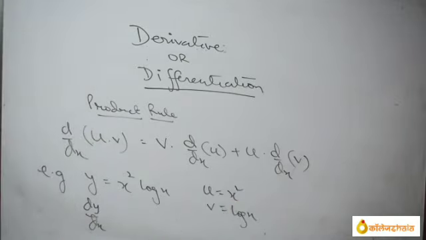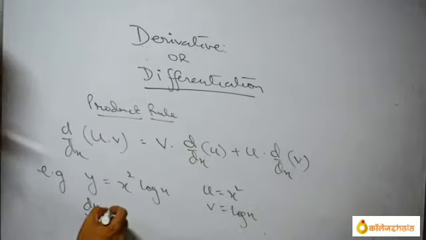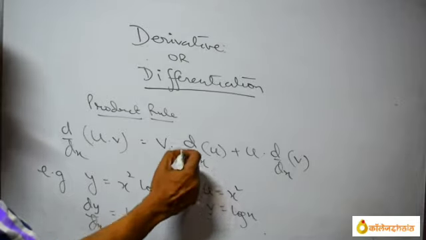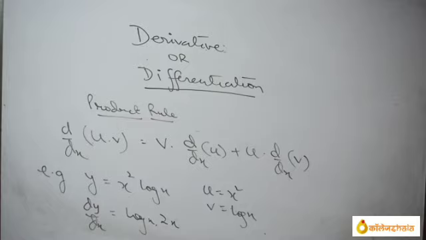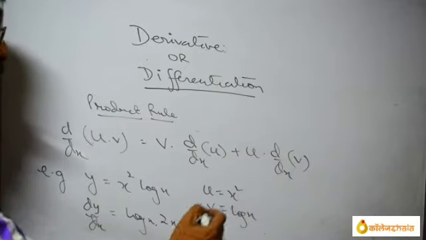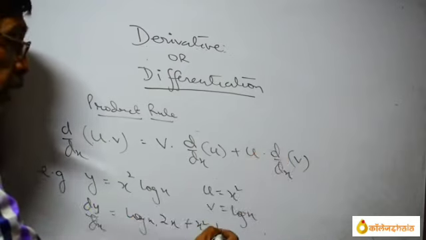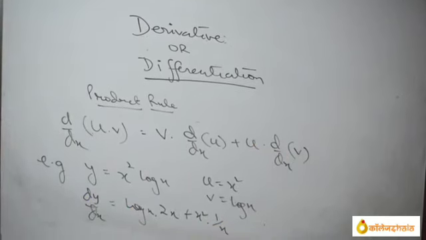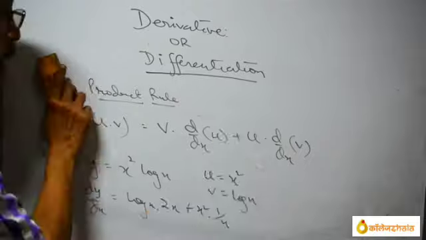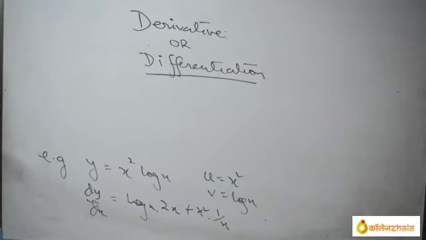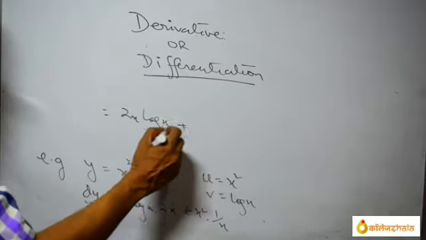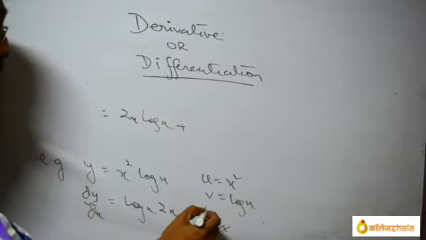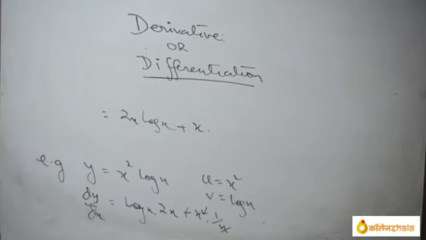According to the formula, log x, that is v, into derivative of u, that means derivative of x square, which is 2x to the power 2 minus 1, plus, now x square, that is u, into derivative of log x, which is 1 by x. So your answer will be 2x log x plus, writing 2x ahead of log x for better expression, x square by x, this x and this x cancelled, this is x. So this is all about the product rule.